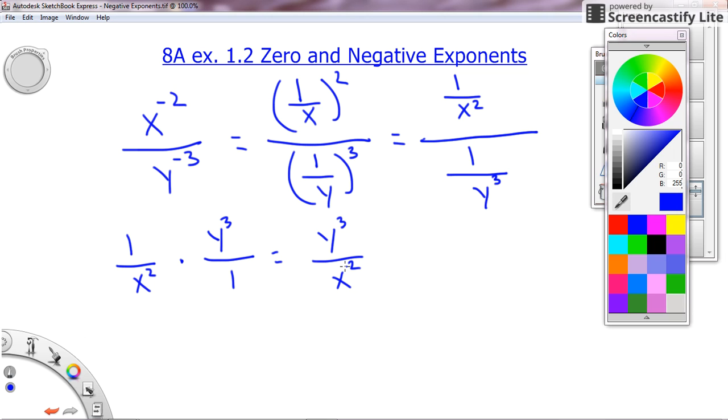That's what the negative sign does. It flips things around. If you have something in the numerator, it flips down to the denominator. If you have something in the denominator with a negative exponent, it flips around to the numerator and loses the negative sign. I hope that helped.